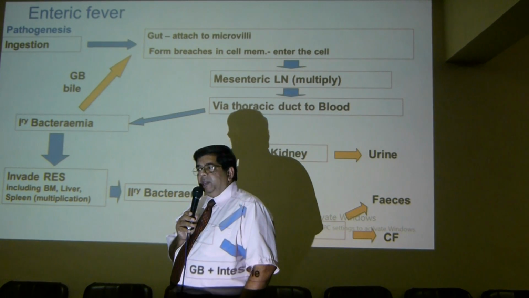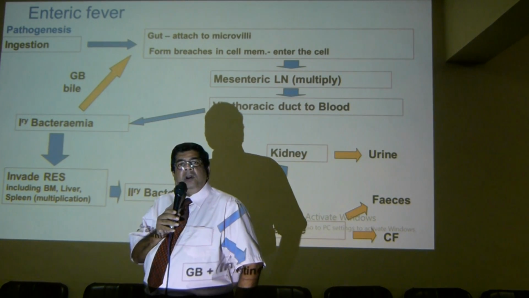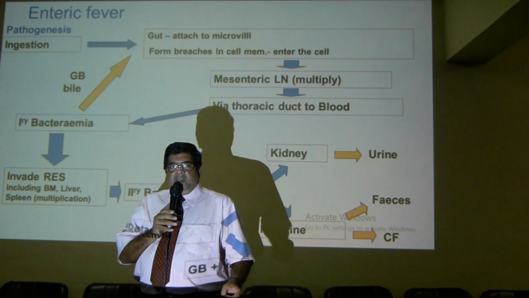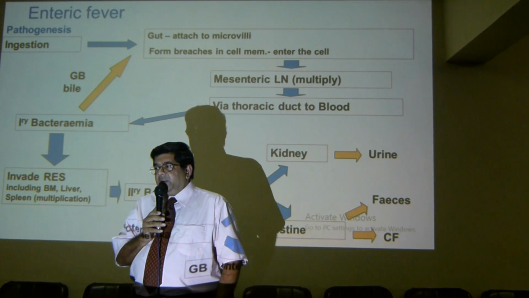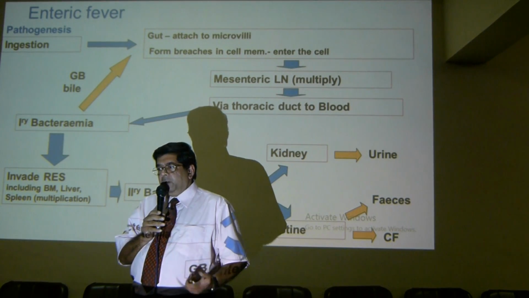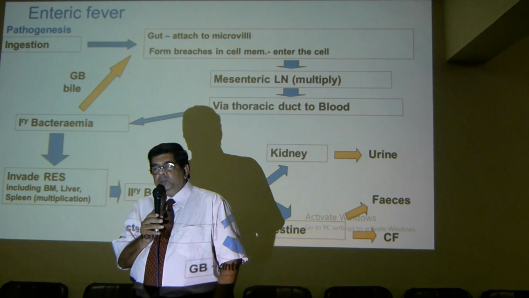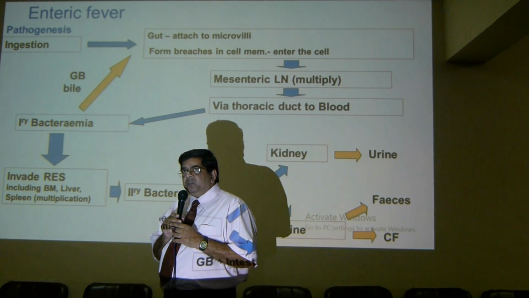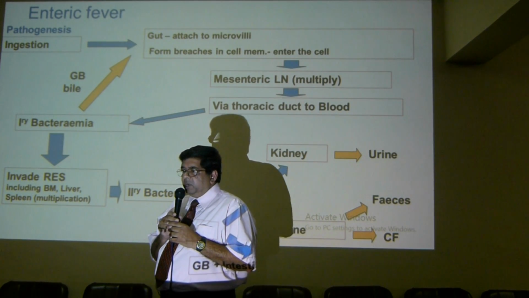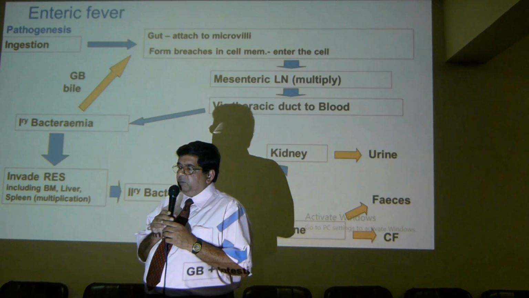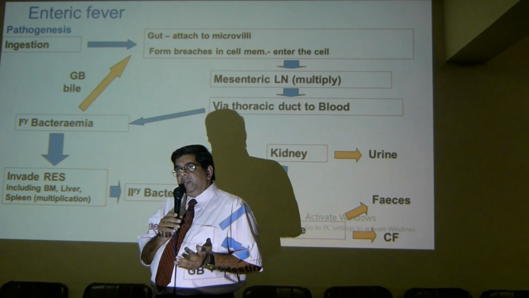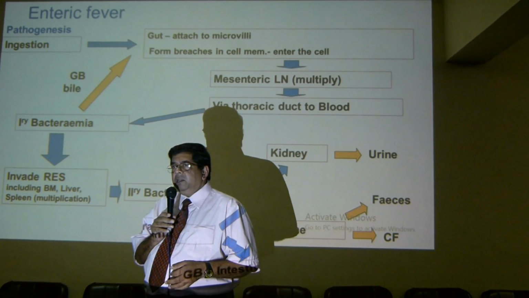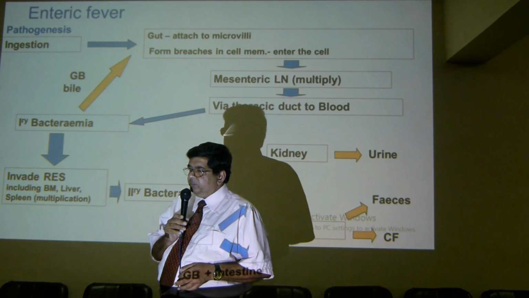From this primary bacteremia, the organisms further travel to sites like the gallbladder and also the reticuloendothelial system. They multiply in those sites, and subsequently there is a secondary bacteremia which actually brings on the fever and the real illness itself.